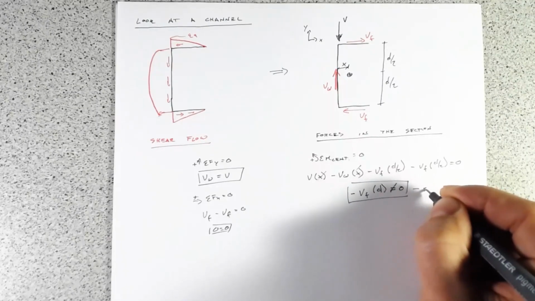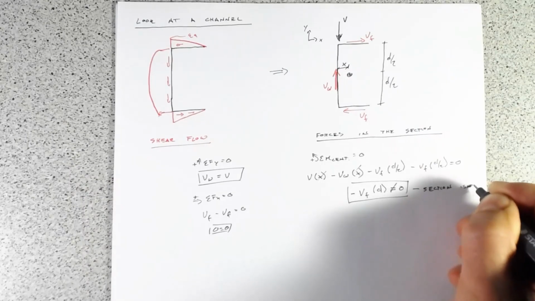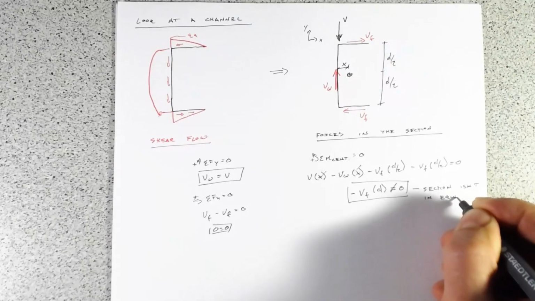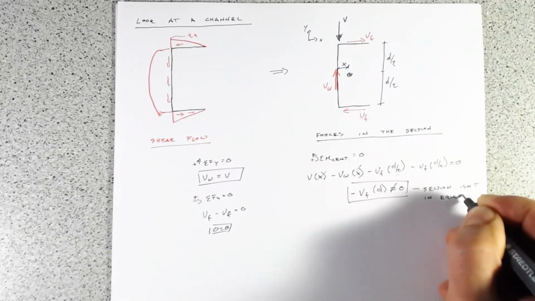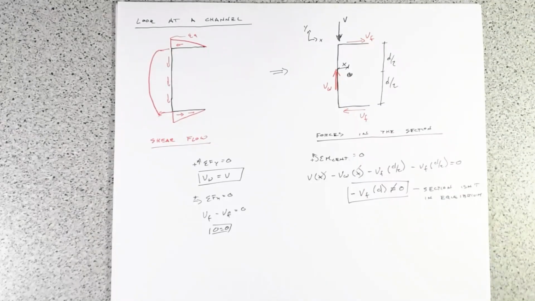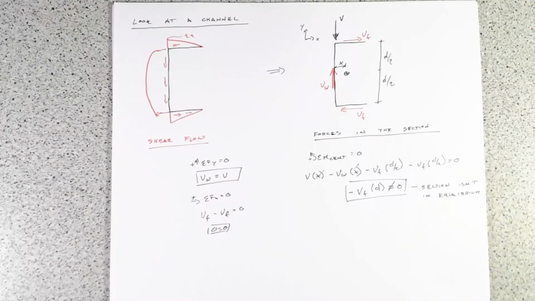The section isn't in equilibrium. You know, holy smoke, we finally have something interesting. Why we bother to look at all of the shear flow stuff in the first place is really for these asymmetric sections.